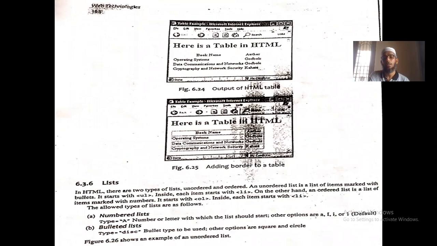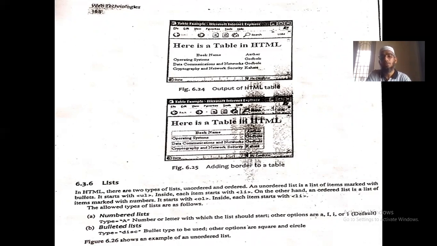One is an ordered list, and the other is an unordered list. In the unordered list, the items are marked with bullets, and in the ordered list, they are marked either with numbers or alphabets.